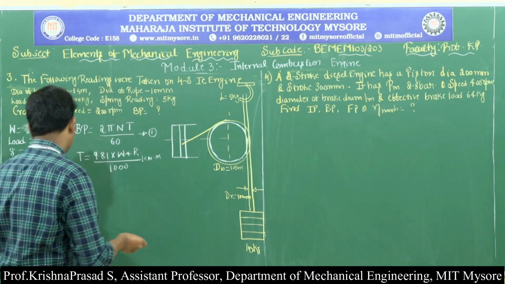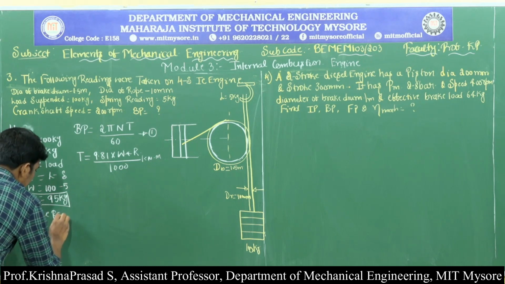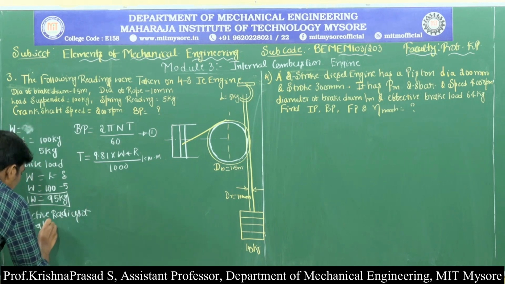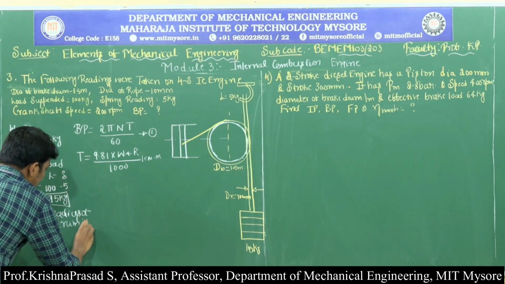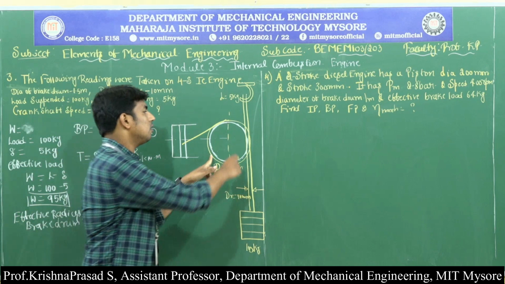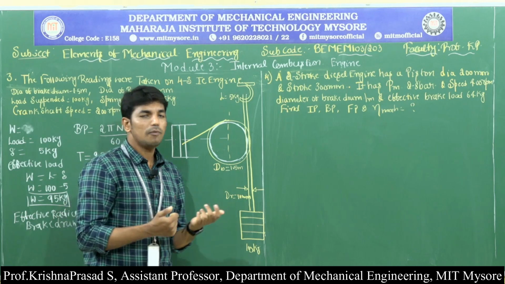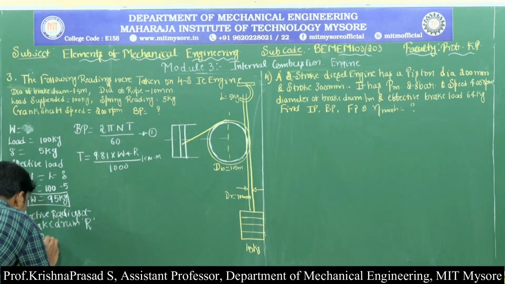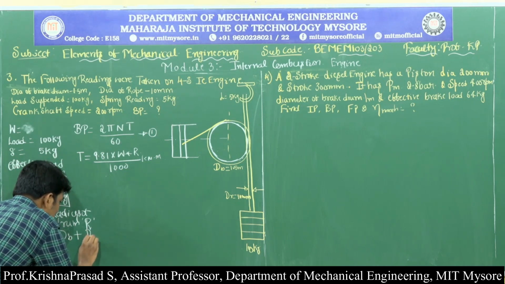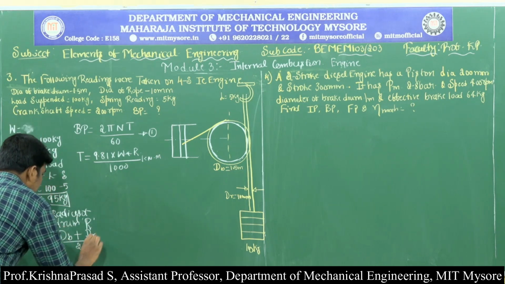Similarly, we have to calculate the effective radius of the brake drum, that is called capital R. Observe here, this is the brake drum, and this brake drum is coupled with the rope, and the rope has a diameter of 10 millimeters. Therefore, for the effective radius, capital R equals the diameter of the brake drum plus the diameter of the rope should be considered, then divided by 2 for the calculation of radius.